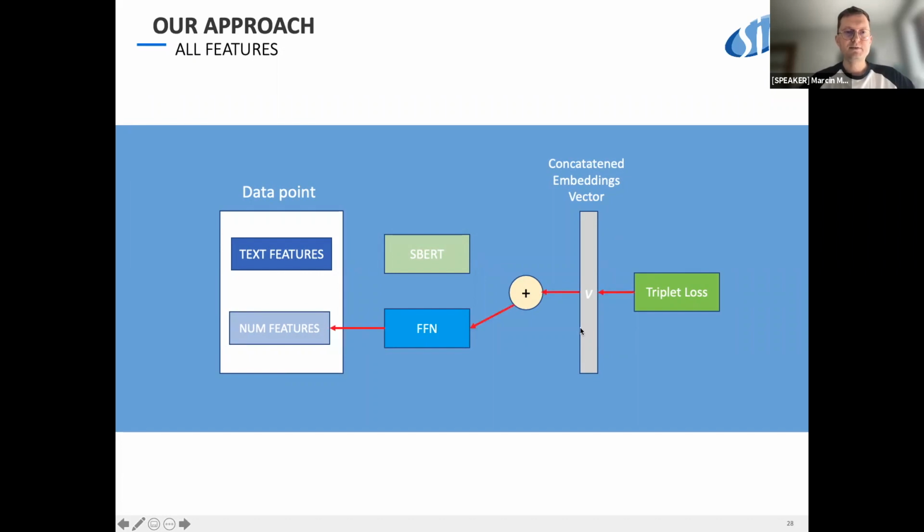However, in this case, we use SBERT only as a feature extractor, and we don't backpropagate the gradients through it. We hope that this way we could explicitly teach the feed-forward network how to extend the vectors produced by SBERT with this extra information contained in the numeric fields.